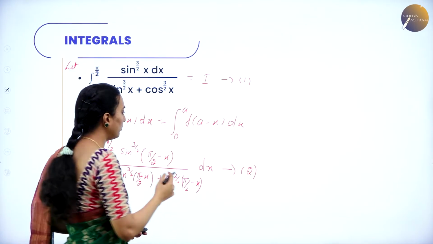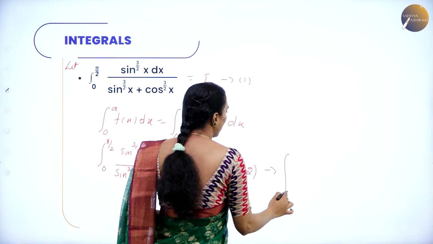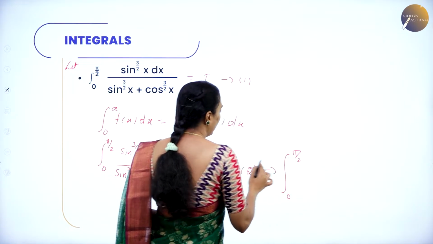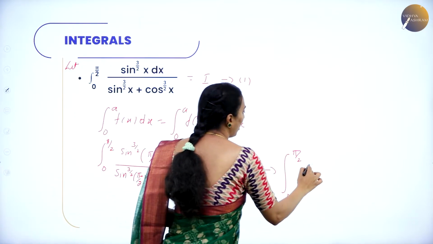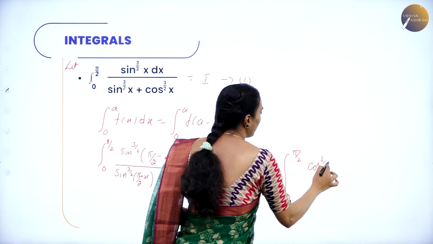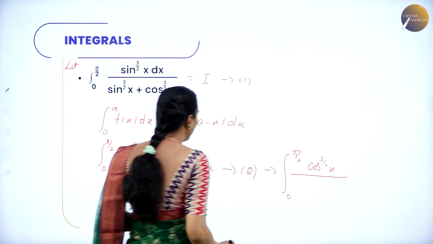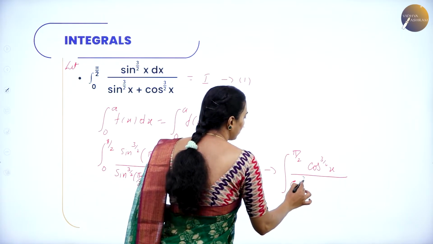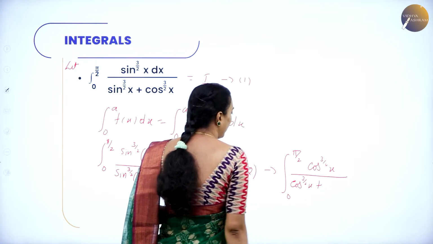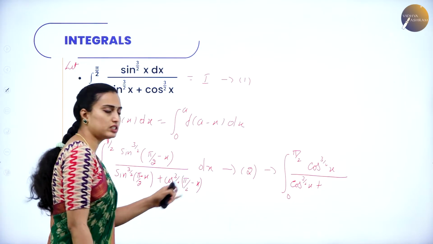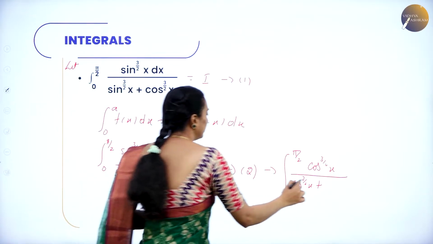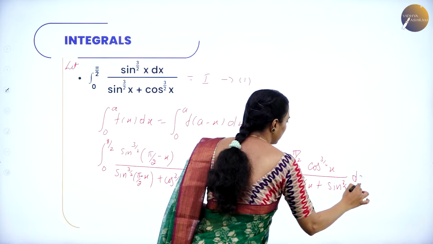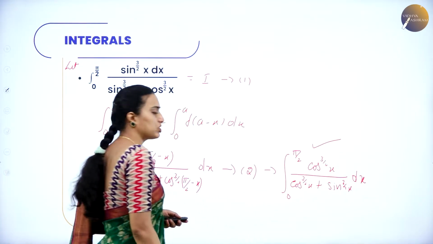Cos theta. So you can change this as equation 2, 0 to pi by 2: sine 90 minus theta is cos theta, so cos to the power of 3 by 2 theta divided by, again sine of 90 minus theta is cos theta, so cos to the power of 3 by 2 x, and cos 90 minus theta is nothing but sine theta, sine to the power of 3 by 2 x into dx. So let us take this equation as 2.